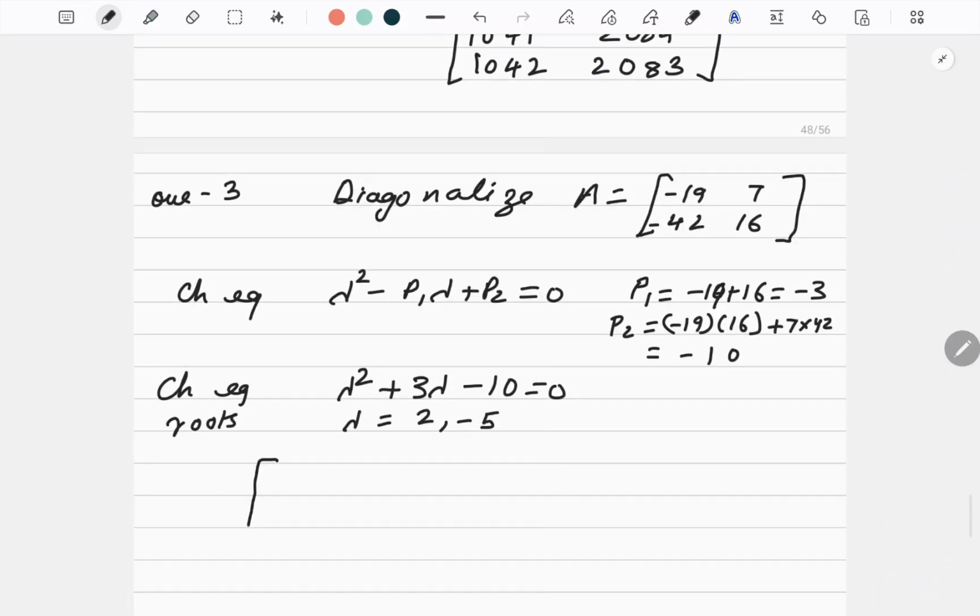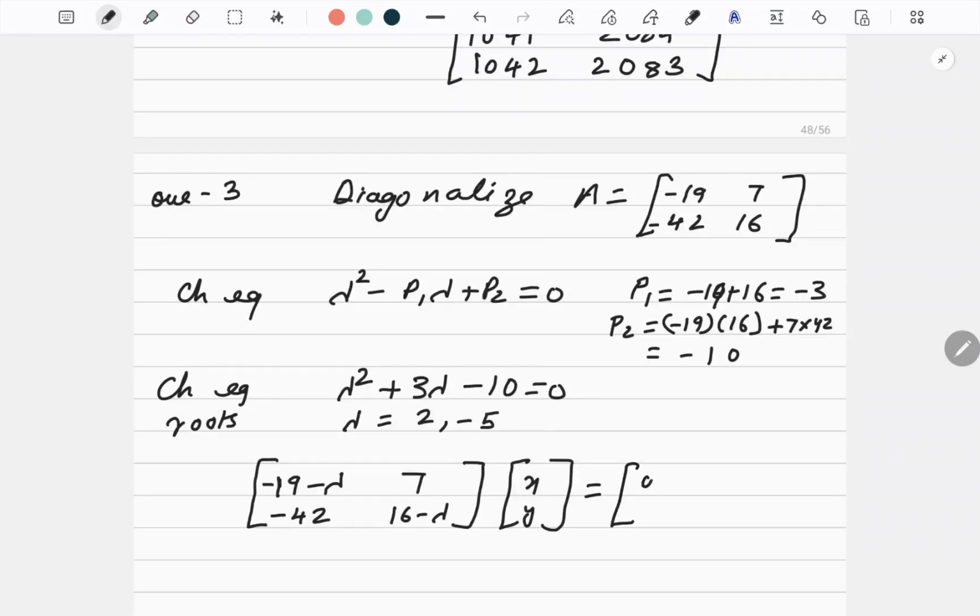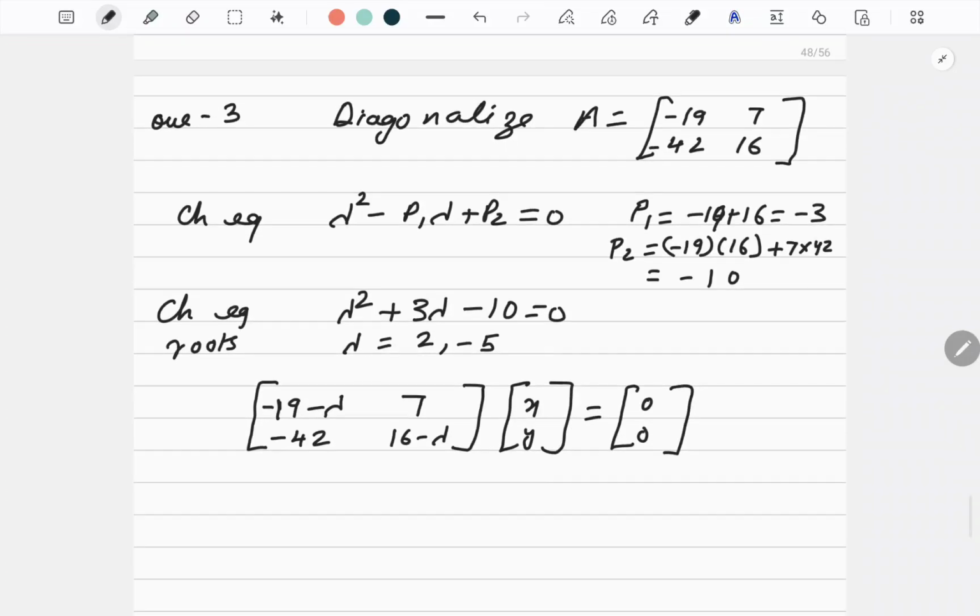So for the eigenvector, first you write the standard form: minus 19 minus lambda, 7, minus 42, 16 minus lambda, times x, y, equals 0, 0. Correct? Now let me work for lambda is equal to 2 first.